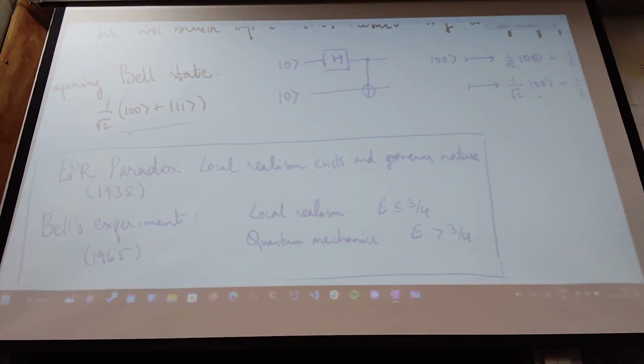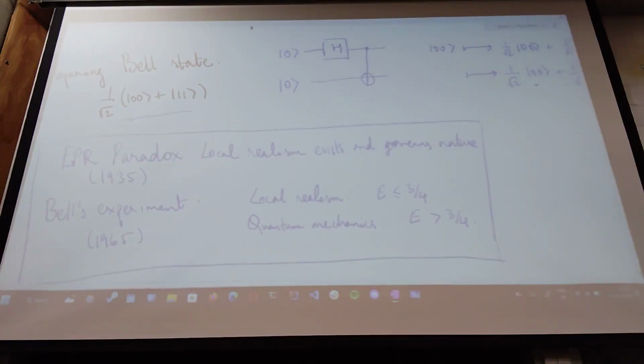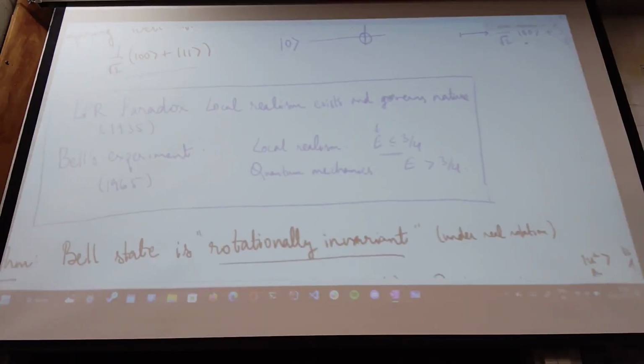So, sucks to be born in the modern era. Which stated that, you know, if nature was classical, you could win with at most 75% probability. That is what the E here stands for. But according to the principles of quantum, you could win with more than 3/4 probability.